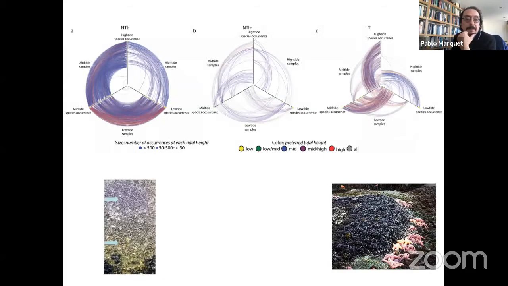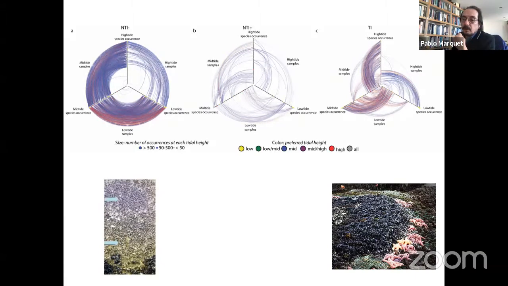And in fact, you can see here is the exercise. What we plot here is the kind of links that you reconstruct if you just use high tide samples, or low tide samples, or middle tide samples.